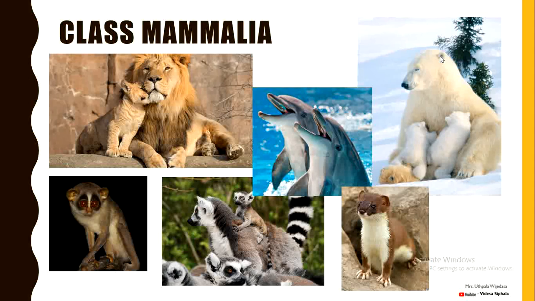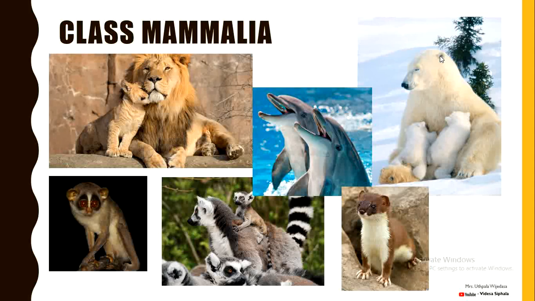There are sweat glands from which sweat is secreted, and there are sebaceous glands which produce sebum, which gives an oily nature to the skin. They have legs, or in some ones there are wings, and for some animals like dolphins they have flippers for locomotion.